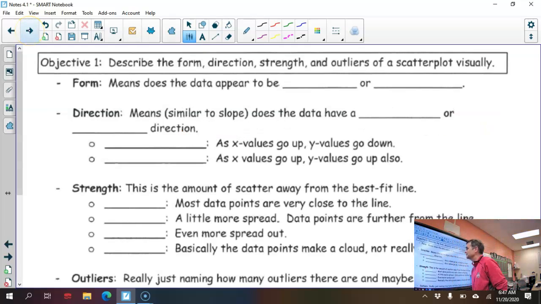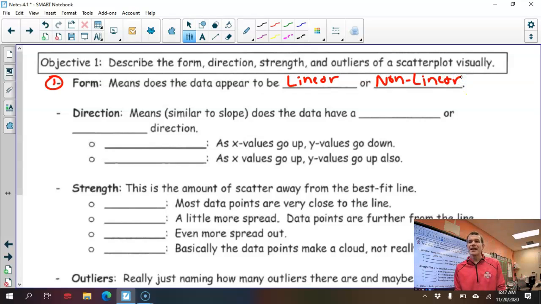So when you describe a graph, there are four different things that we want to use, and I have them listed here. Number one is the form. For us at this moment, the form will mean one of two things. It will either be linear or nonlinear.